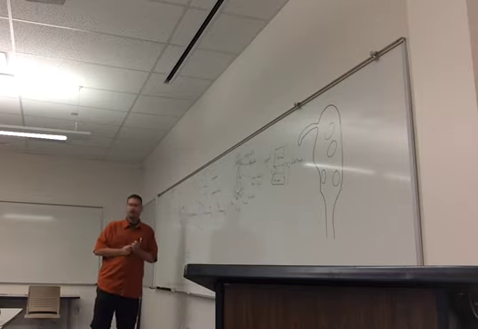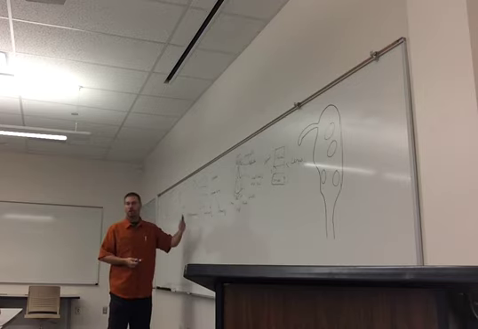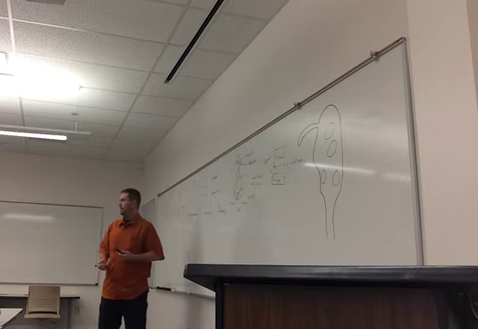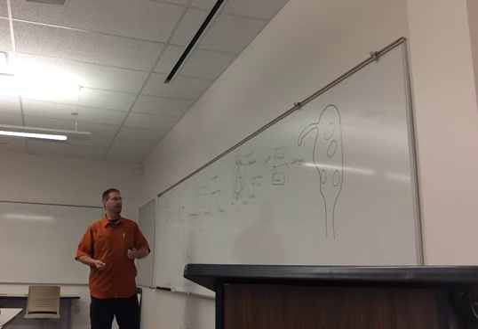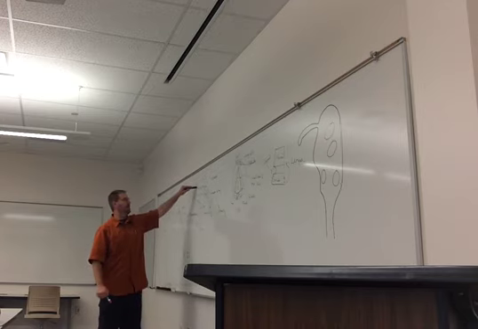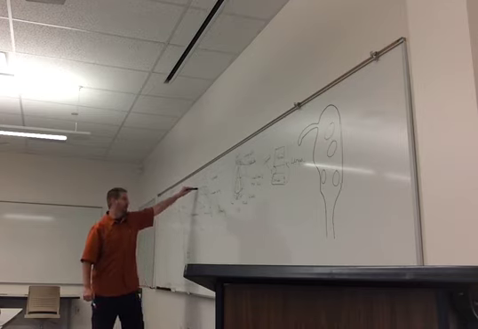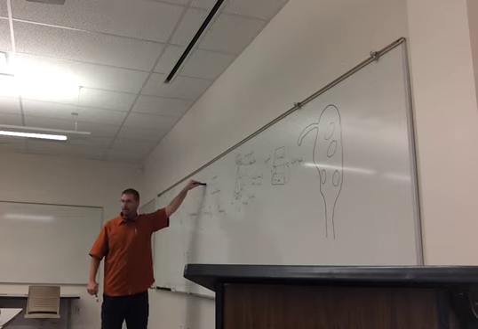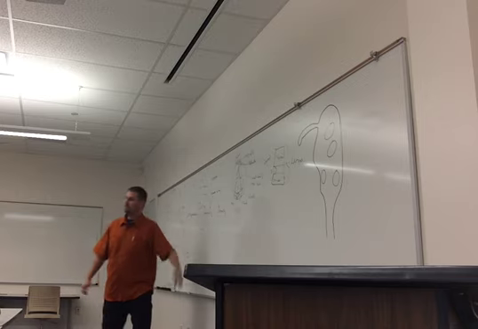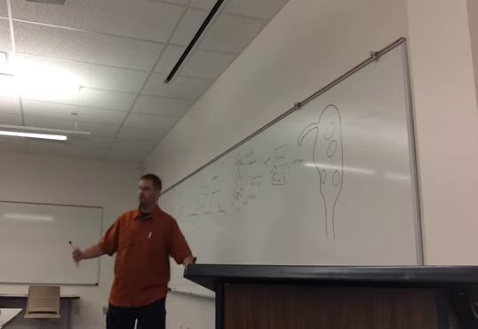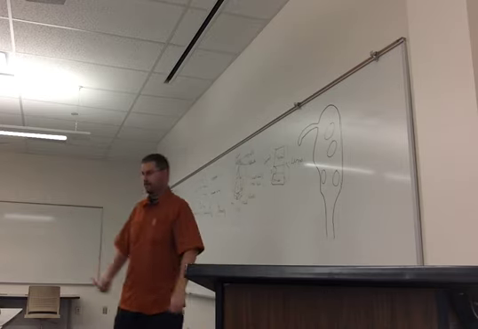Everybody's okay with that? And for diffusion to occur, there has to be a gradient. What do I mean by gradient? There has to be more oxygen in the alveolus, in this case, than there is in the blood. Because if there was more oxygen in the blood, then oxygen would diffuse out of the blood. Does that make sense? So there needs to be a driving concentration gradient.